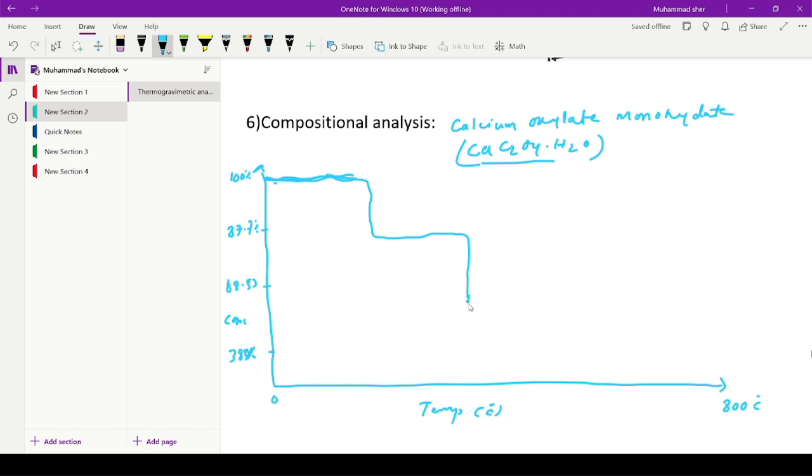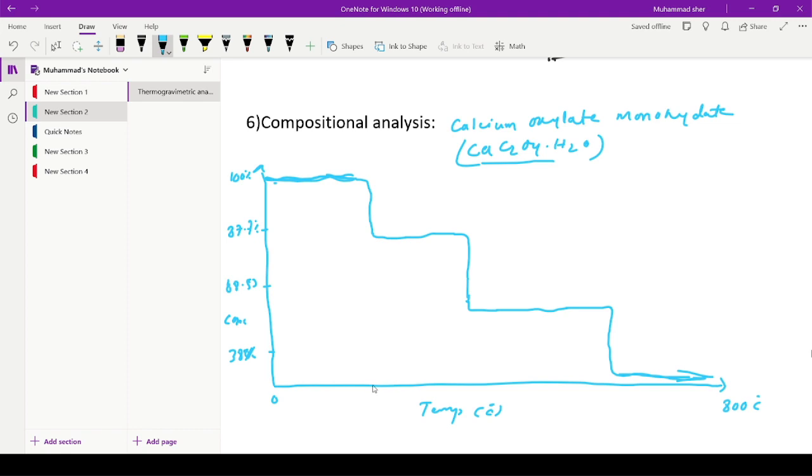As we increase the temperature the graph will again become straight, at a certain temperature it will show another curve, and after that the graph will become a straight line. Now what does it mean, and how would you come to know which element has been lost from the compound calcium oxalate monohydrate at different temperatures?